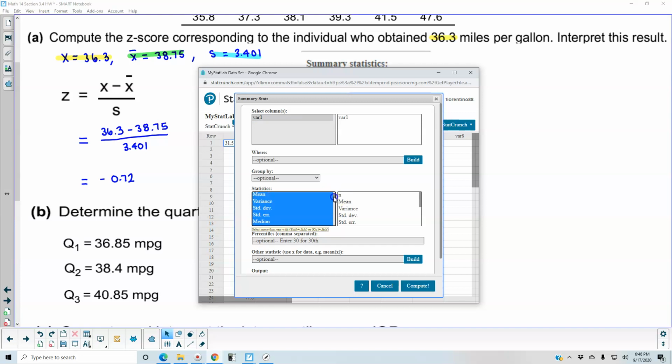The mean represents our average, which we already found up here, so we're not going to need that. We already got our standard deviation.